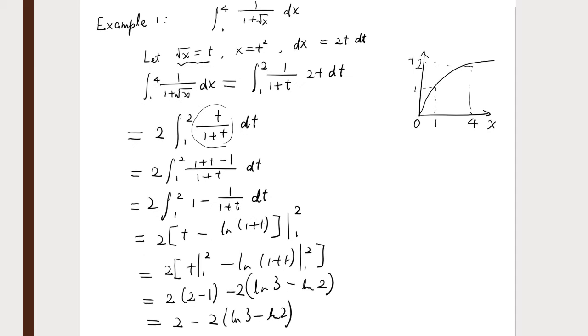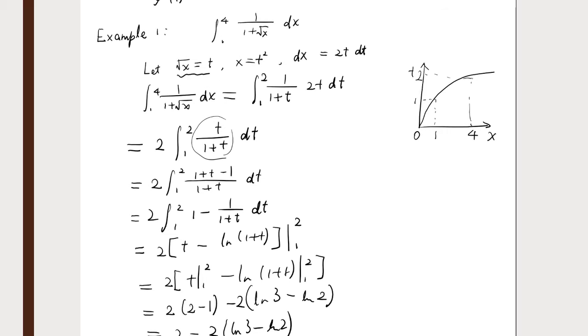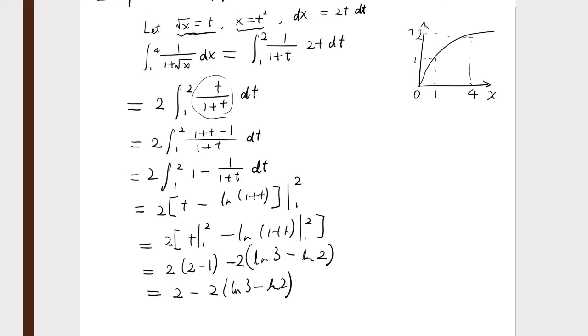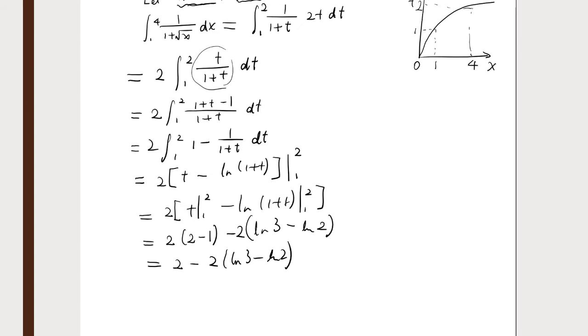I mean, for the indefinite integration, we will have to put this guy back finally, to find the expression in x. However, for the definite integration, it's just a number, so we don't have to put it back in.